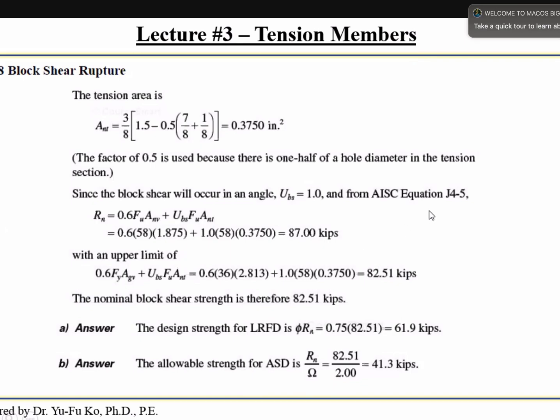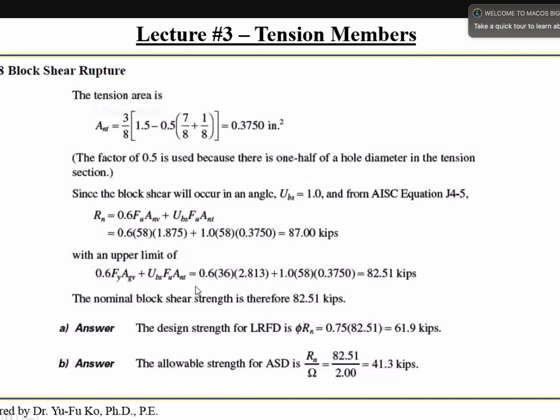So you apply equation J4-5, because this is A36 steel, so Fu is 58 ksi. You plug into this equation, you get 87 kips. But remember, you have an upper limit, which is 0.6 Fy Agv plus Ubs Fu Ant.